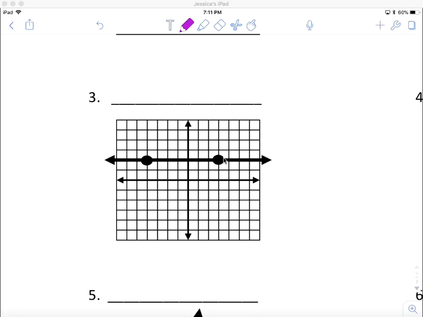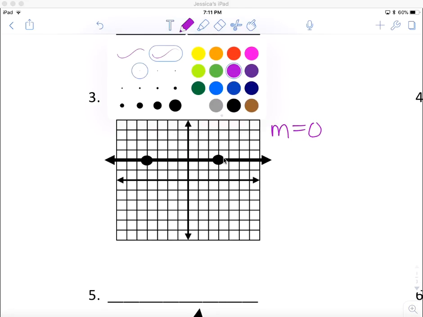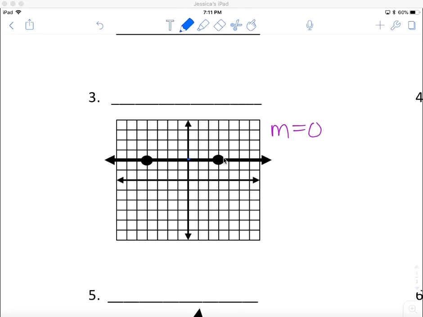Moving on to number 3, I have a horizontal line. We know from previous units that a horizontal line means that my slope is 0 and my y-intercept on this one is crossing at positive 2. If you're stuck on this one, remember our slope song.